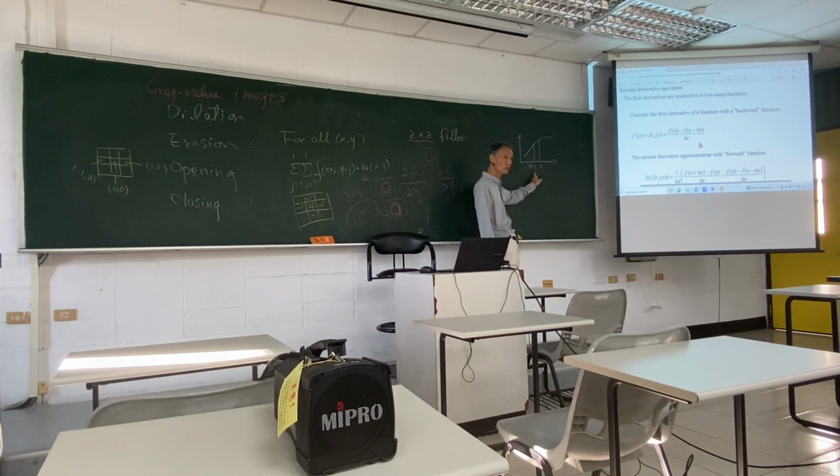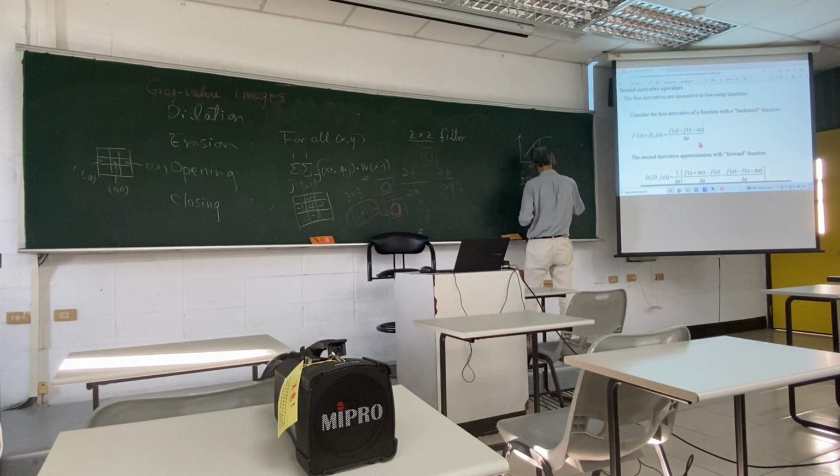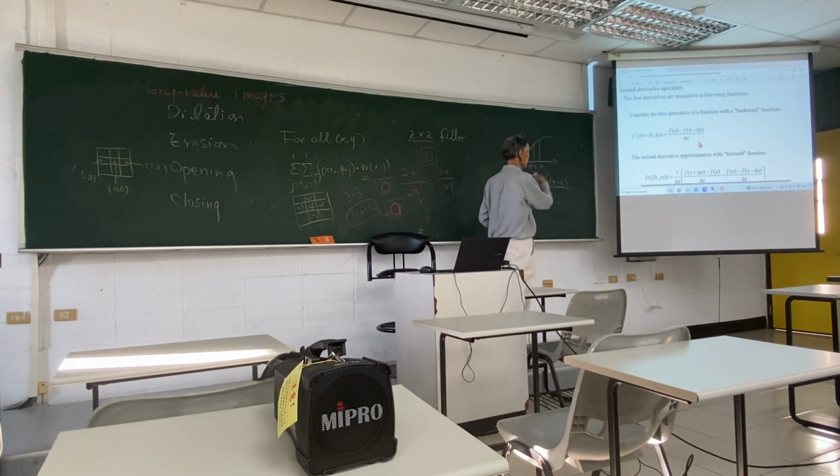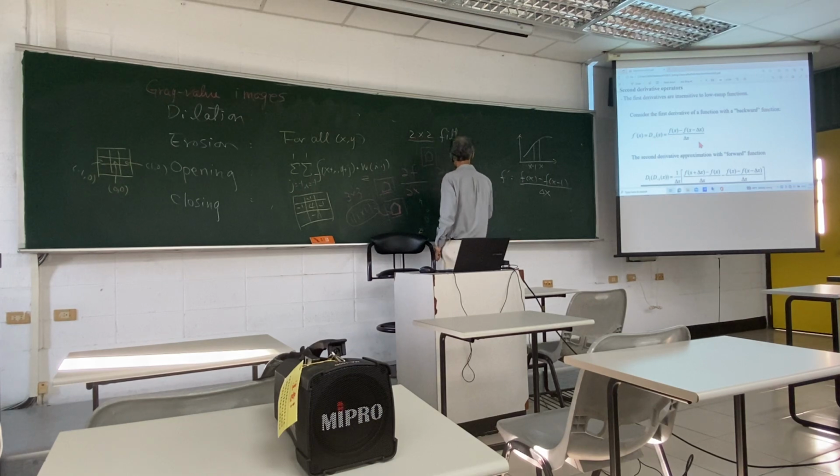It doesn't matter forward or backward, but you use it backward. I skip delta x, I'll put it here. That'll be fine. That's the first derivative. Now, let's think of the second derivative.